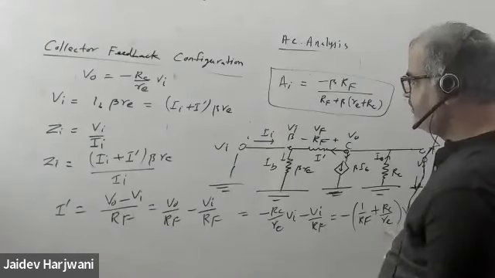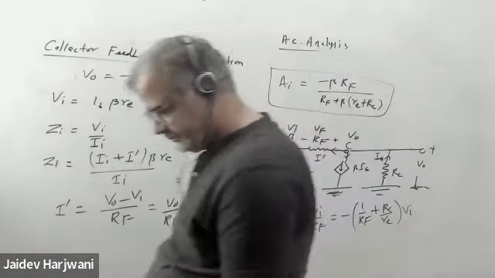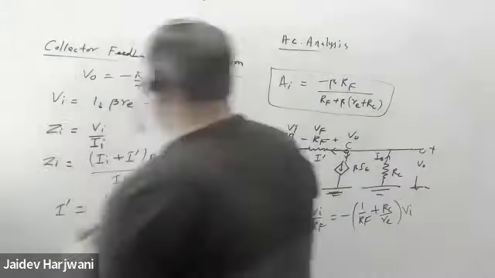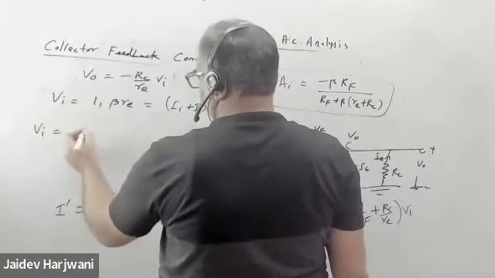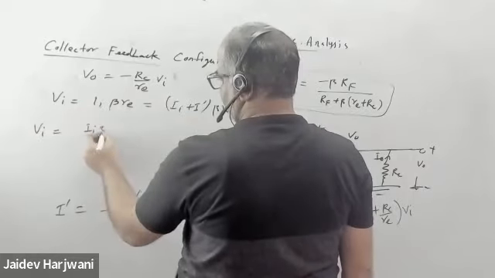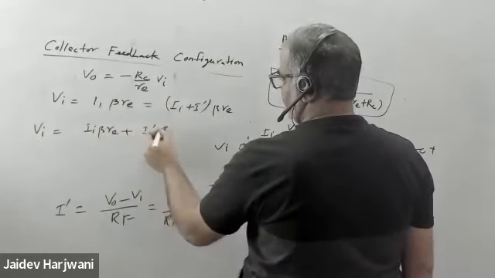Now this I dash value I need to plug there. So plug this: V input equals I input beta RE, and then I have I dash beta RE.